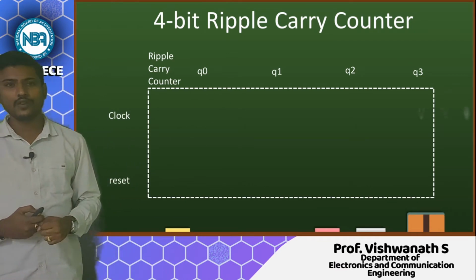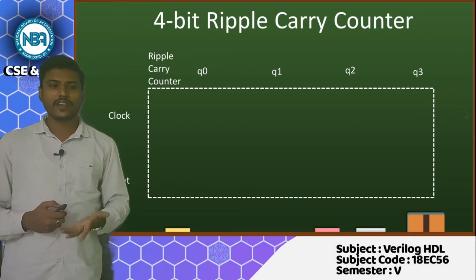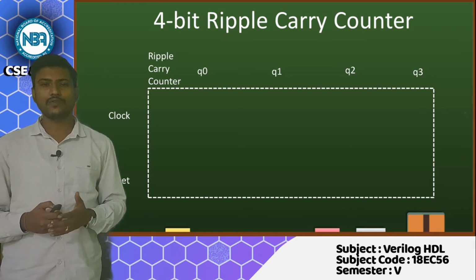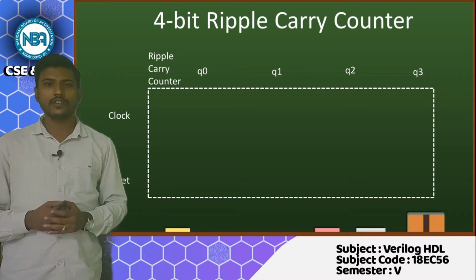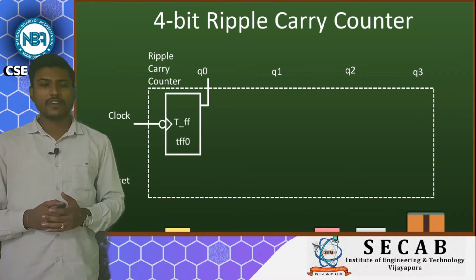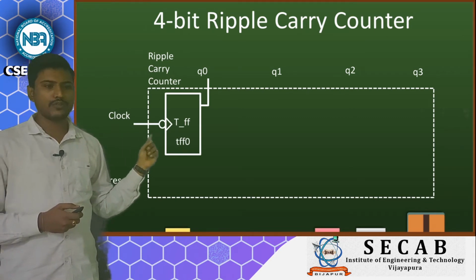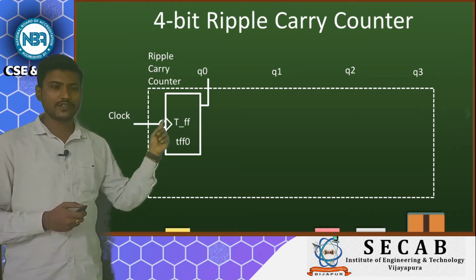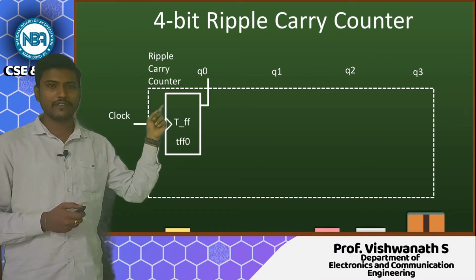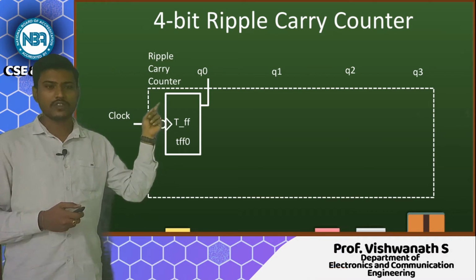Okay. So, now how are we going to design this? Usually a 4-bit ripple carry counter is designed using T flops. So, I have taken one T flop, and I have given the clock input for this T flop. There is no other input for this, which we will come to know once the design is ready.